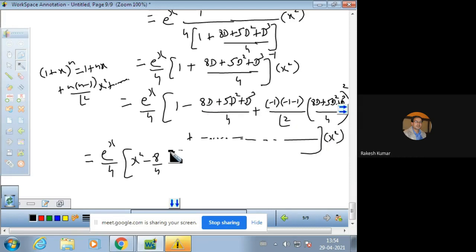D of x square, the derivative of x square, is 2x, minus minus 5 upon 4, double order derivative because d square is there. Double order derivative of x square is 2, and here that is the d cube. Triple order derivative of x square comes out to be 0, so no need to take it. And this is minus 1 upon 4 plus 8.